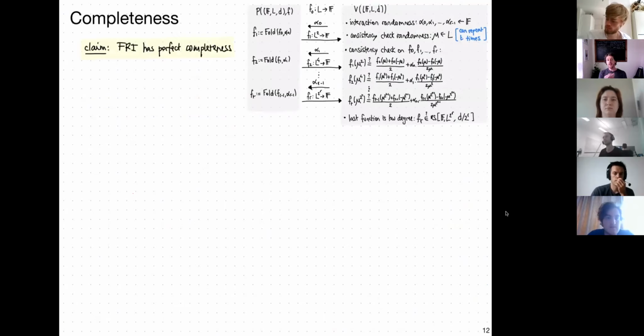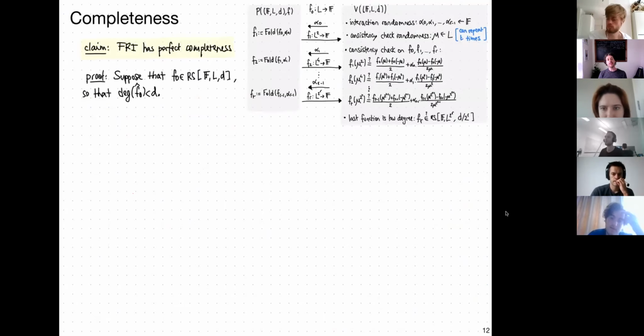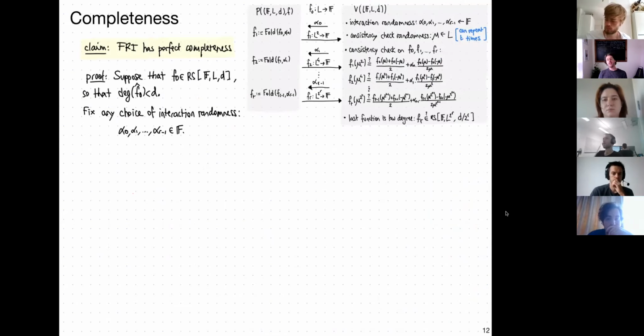The claim is that this protocol, the FRI protocol, has perfect completeness. And that's true by construction, because suppose that the function f has degree less than d. Fix any choice of randomness, it doesn't really matter.